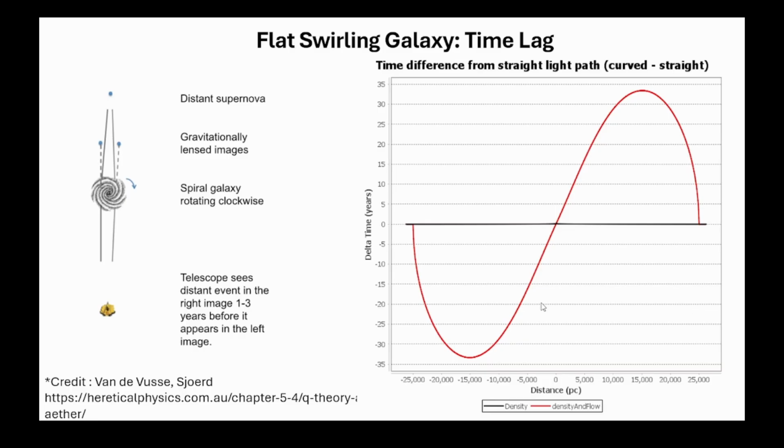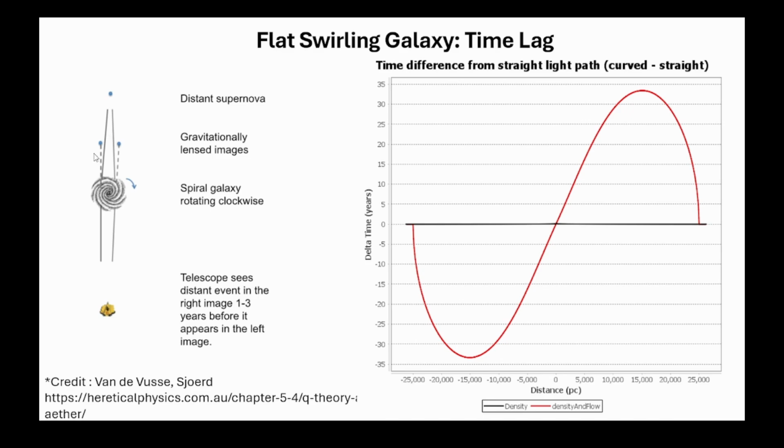Now, I don't know if this is a good thing or a bad thing. This really does extend some of these predictions out quite a bit, because I think prior to this, you'd expect only a few years difference between two images. One thing to say is there are not a lot of confirmed double images of supernovas.